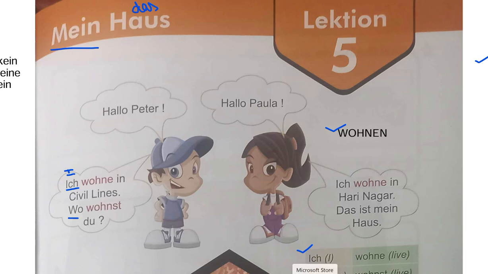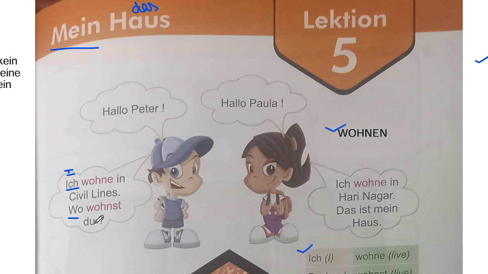And in the previous chapter we learnt about wer. Wer means who. Wo means where in German. So you can remember it in this fun way that in German, whenever there's wo, which sounds like who, it is where. It is the opposite, right? And whenever it is wer, it sounds like where, but it is who. So you can remember it in this way, a little juggling up. So he's basically asking, where do you live?